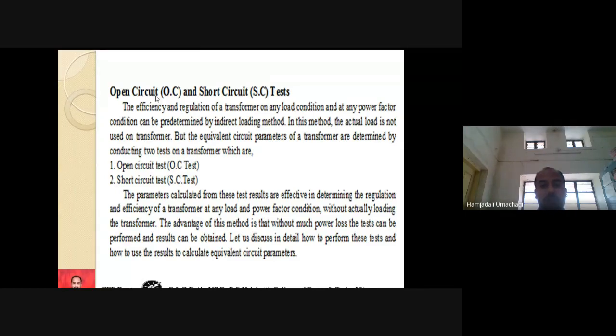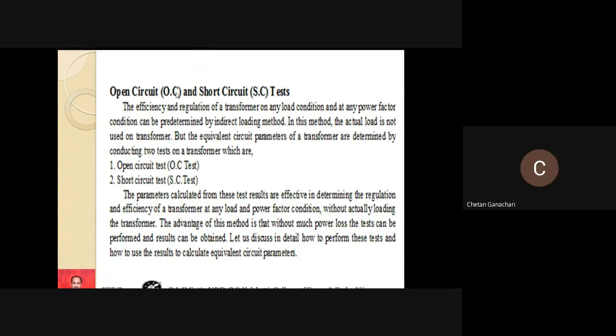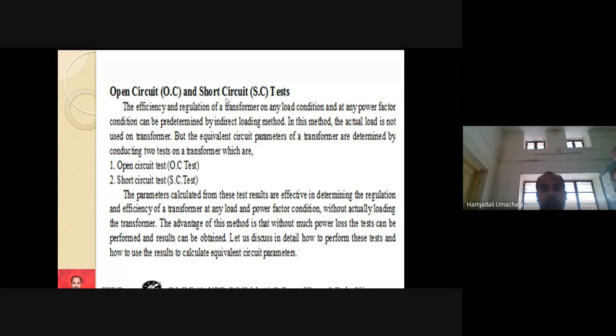Which losses information will you be getting here? Open circuit test will give the information of which type of loss? Iron loss. And what about the short circuit test? This will give the information of copper loss.